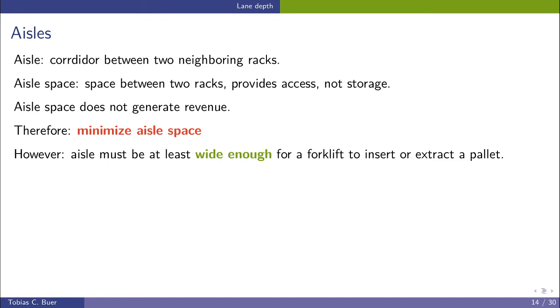Of course, the aisle needs to be wide enough that a forklift can drive through and access the pallets. If the aisle is very narrow, it is difficult for the forklift to drive, and this has negative side effects.